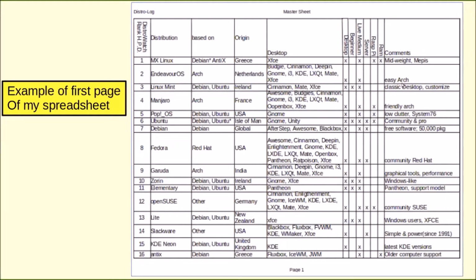And I took that whole paragraph and I dropped it down to something, 2 or 3 words that I could understand. For instance, Endeavor, I call it Easy Arch, and Fedora is a community version of the Red Hat commercial software. So that's just so that I had a clue as to what I was looking at.